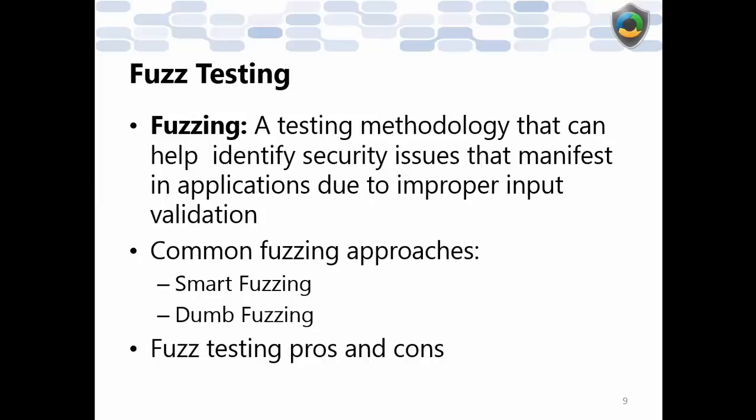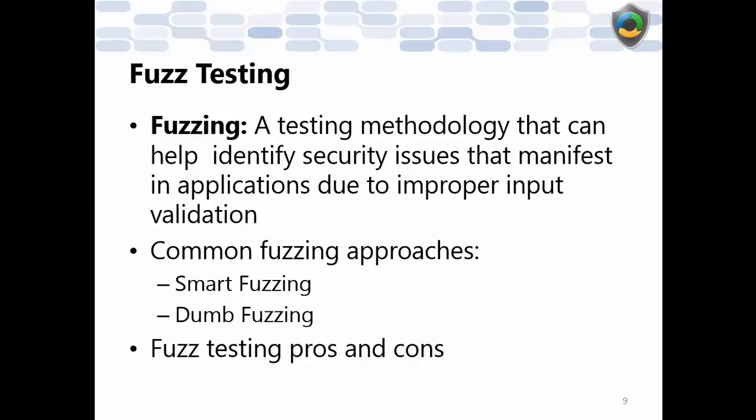There are several different approaches to fuzz testing. The two most common are known as smart fuzzing and dumb fuzzing. Smart fuzzing examines valid inputs into an app and then varies those inputs to create invalid inputs. Each of the invalid inputs is then input into the app being tested, and the app's behavior in response to those inputs is observed by a security tester.